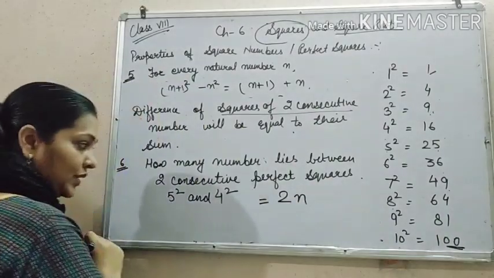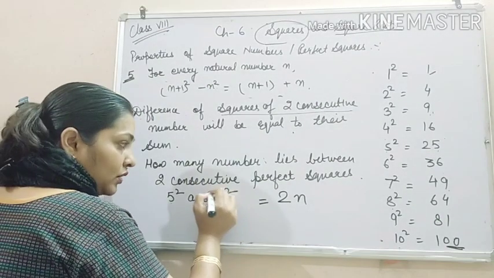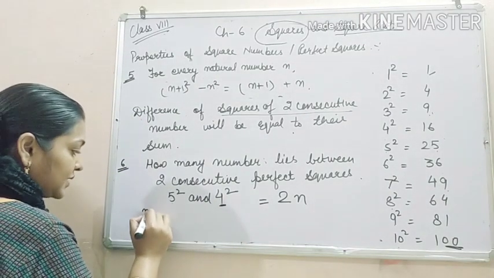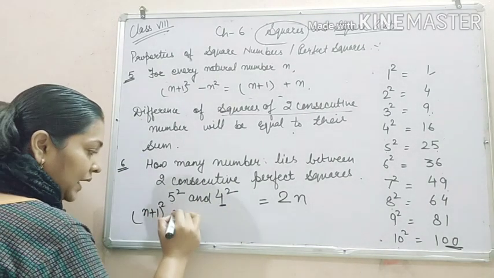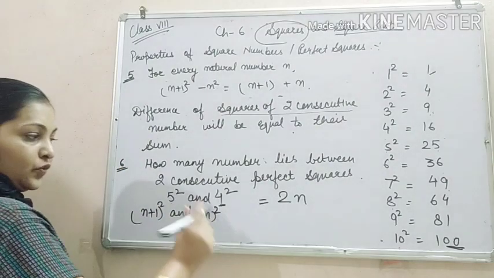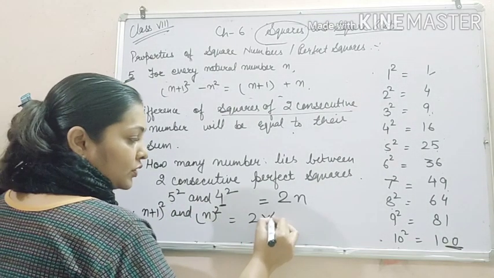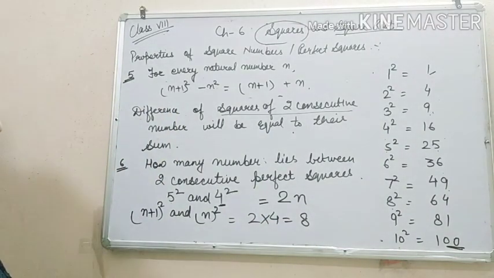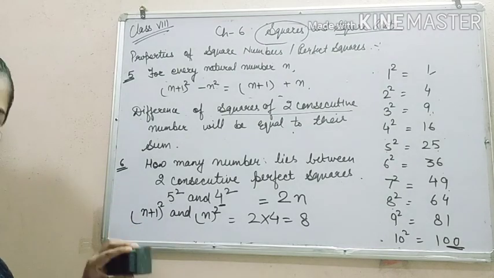And we always take n as the smaller number. So you can say (n plus 1) square and n square. So n here is 4. 2 fours are 8. So easy it has become.